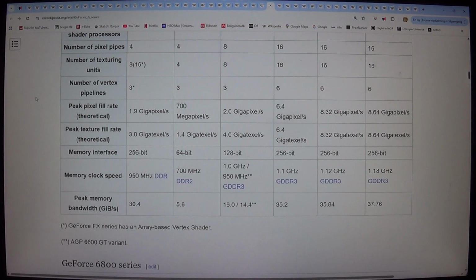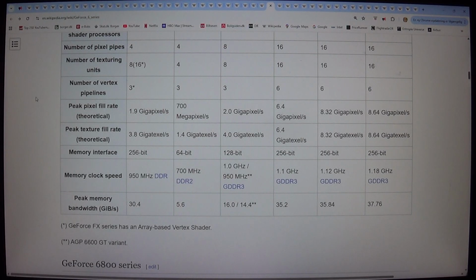Memory interface: 256-bit, 64-bit, 128-bit, 256-bit, 256-bit, 256-bit. Memory clock speed: 950 MHz DDR, 700 MHz DDR2, 1.0 GHz / 950 MHz** GDDR3, 1.1 GHz GDDR3, 1.12 GHz GDDR3, 1.18 GHz GDDR3.